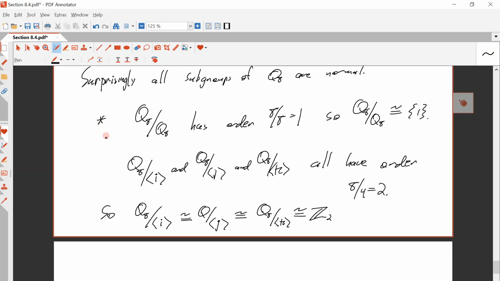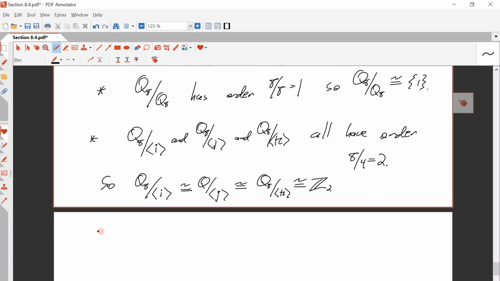So there's the subgroup H where Q8 mod Q8 is just the identity. There's also Q8 mod I, Q8 mod J, Q8 mod K. Those are all just Z2. And then the last one is Q8 mod {1, negative 1}. That has order 8 over 2, which is 4.